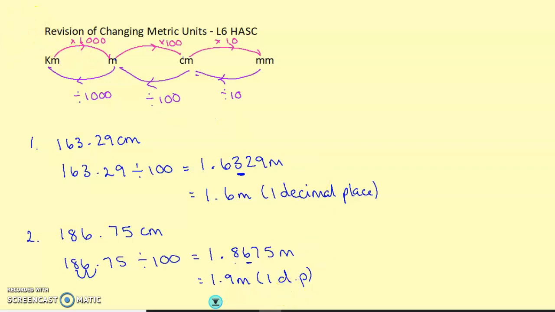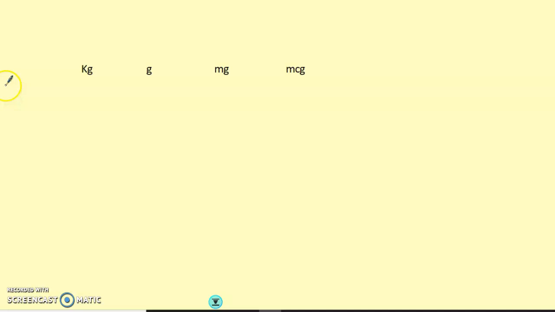The other thing I want you to practice is changing some units in weight. The good thing about weight, unlike length, is that it's always 1,000. So if we start with the biggest unit, kilograms, and we go down the way to get from one to the other, it's always a factor of 1,000.